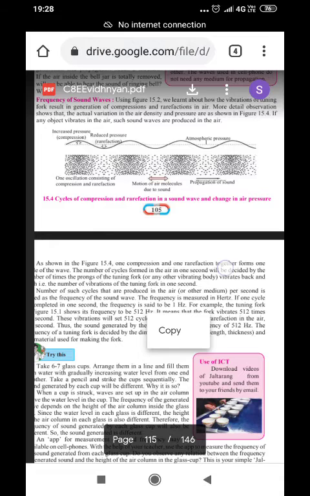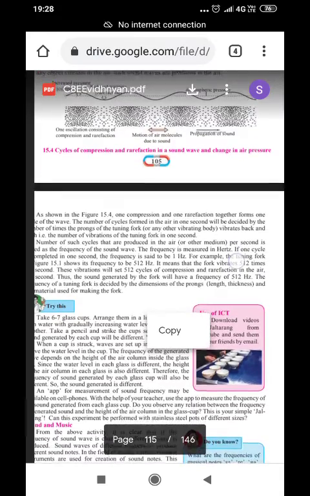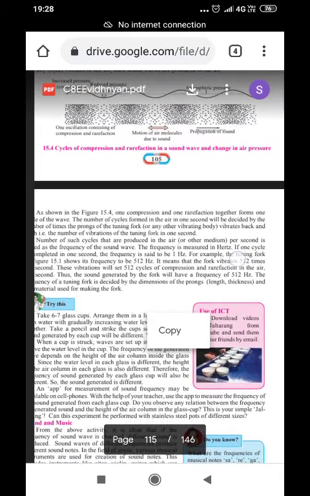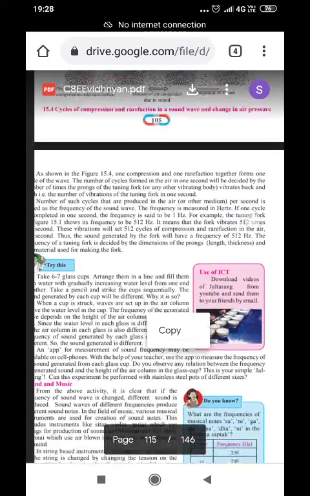If any object vibrates in the air, such sound waves are produced in the air. You can see here alternate compression and rarefaction, because of which pressure is increased and decreased alternately. The cycles of compression, rarefaction and sound wave and the change in pressure are shown in the picture.